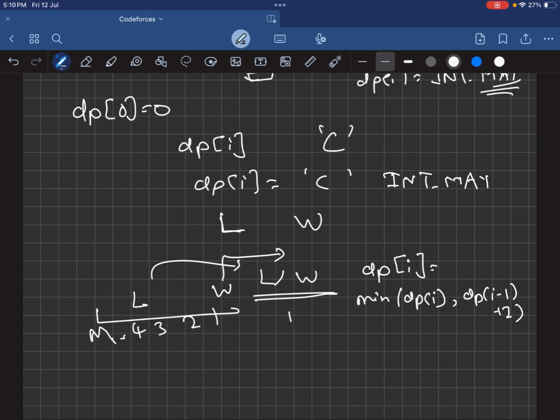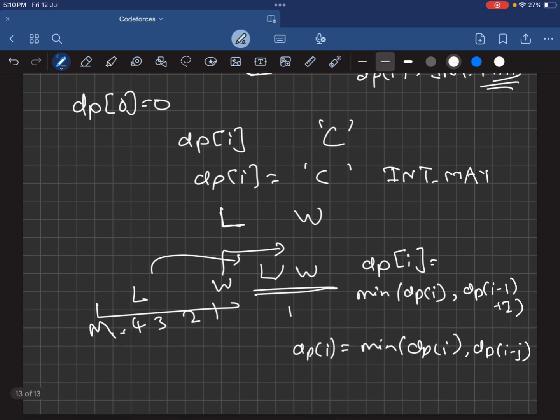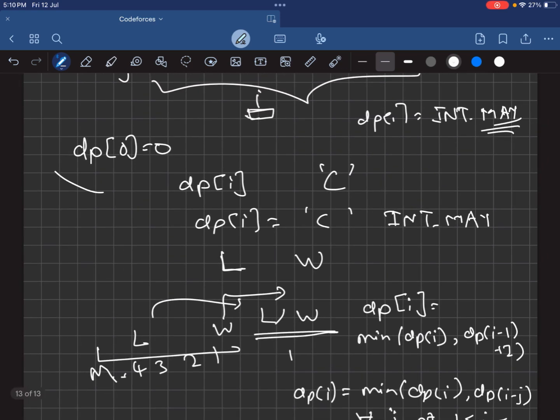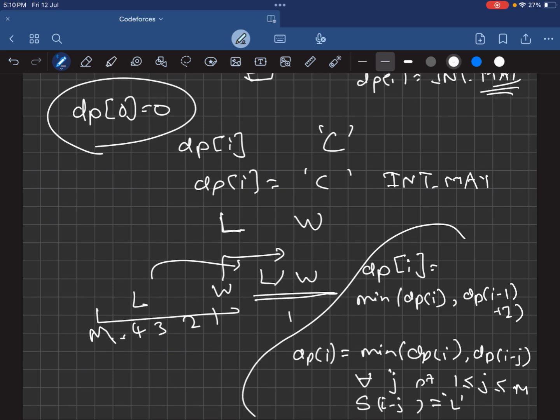In that case dp of i will be min of dp of i, comma, dp of i minus j, for all j such that 1 is less than or equal to j less than or equal to m. You also have to ensure that the string at position i minus j was a log. So these two are the recurrences of the dp.